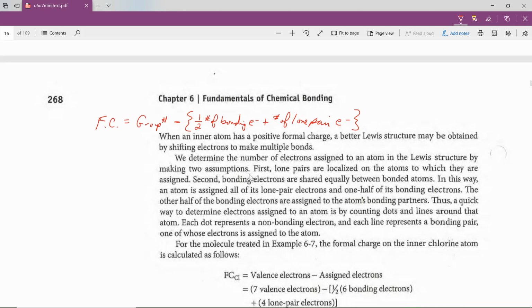So the formal charge is group number minus half the number of bonding electrons, not bonding electron pairs, but bonding electrons, and add that to the number of lone pair electrons, and you get the formal charge. And you calculate the formal charge for each atom, ligands and inner atoms, all of them.